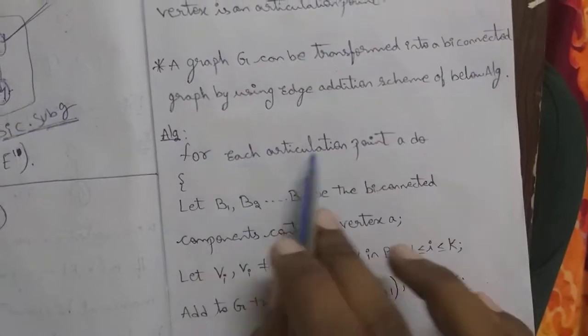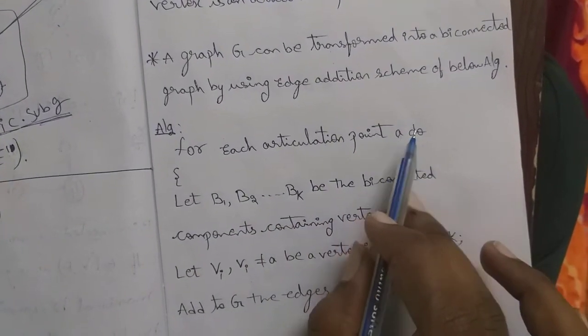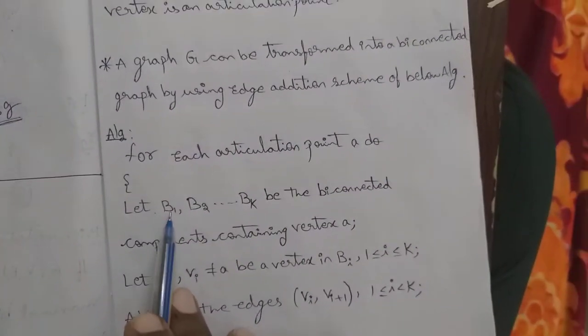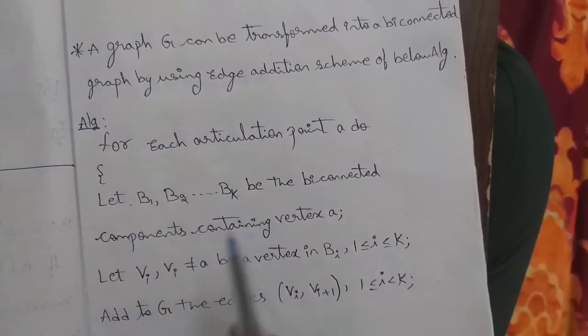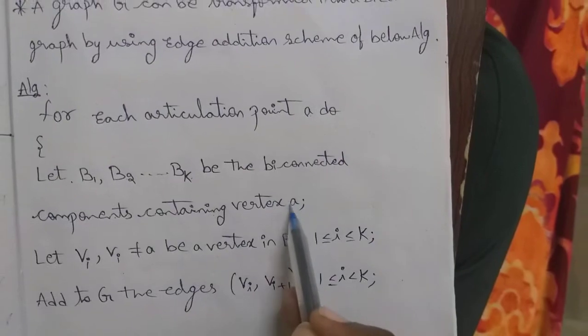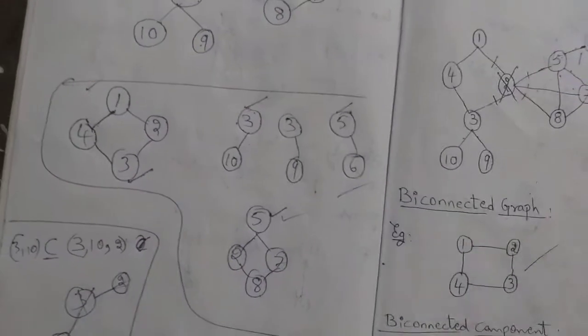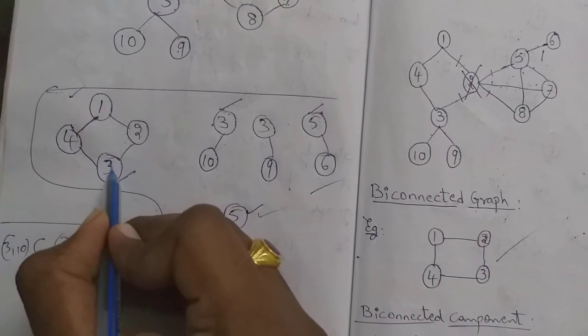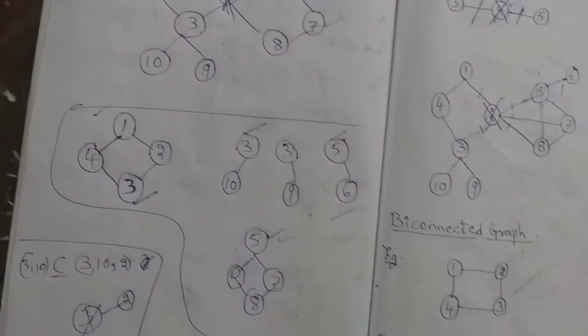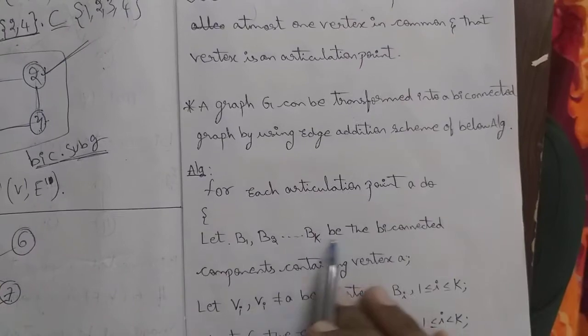For each articulation point A, let B1, B2 and so on Bk be the biconnected components containing the articulation point A. For example, 3 is an articulation point and we consider it.